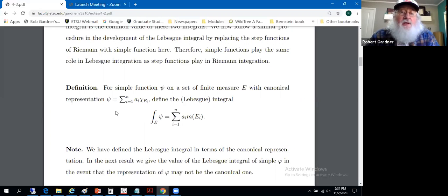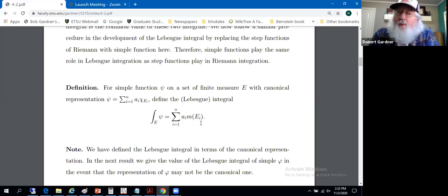Being the canonical form means that the psi function only takes on the values a1 through a sub n and does so on the sets E1 through E sub n respectively. So the a sub i's are distinct and the E sub i's are disjoint. That's what canonical representation was. Then define the Lebesgue integral of psi over set E simply to be the sum from 1 to n of a sub i times the measure of E sub i.